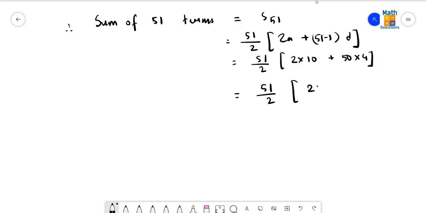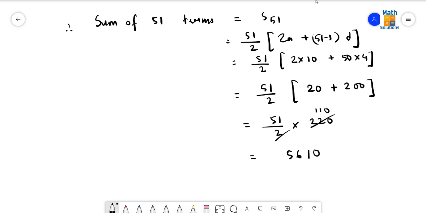This is a simple calculation. 20 plus this is 200. So 51 by 2 into 220. After cancellation, 110. So the answer will be 5610. So this is the required result here.